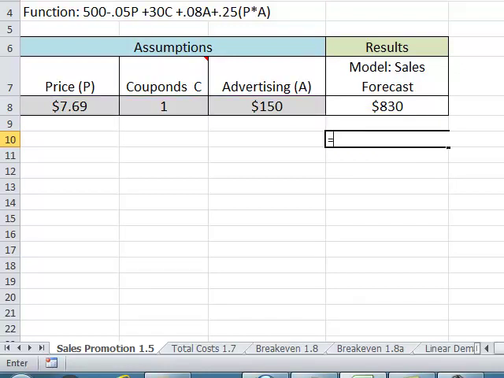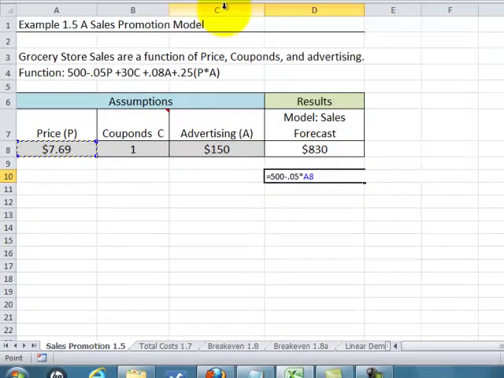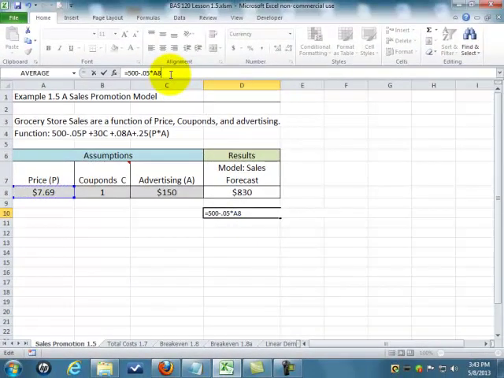I go equal sign, which tells Excel we have a function. 500 minus 0.05 times P, which I'm going to do the cell, plus 30 times C, which is my coupons, plus 0.08 times my advertising, plus 0.25 times my price, times my advertising.